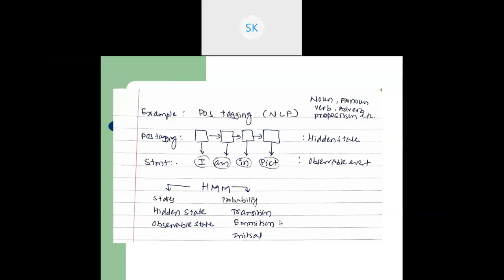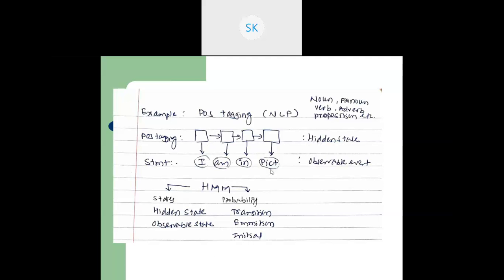For example, POS tagging, that is part of speech tagging: whether a word is a noun, pronoun, verb, adverb, or preposition. Let's say part of speech tags are our hidden states.